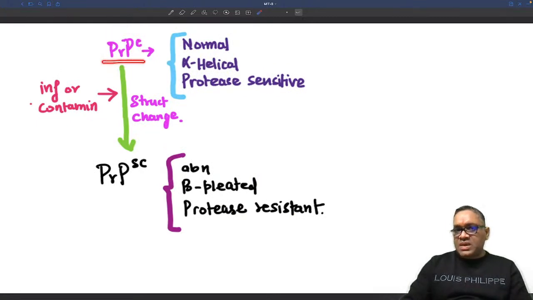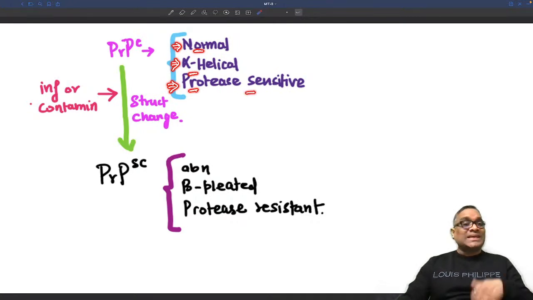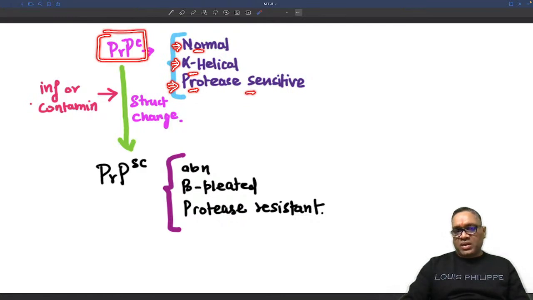See, PrPC, when you see this C, remember, this is the normal prion protein, alpha helical, and protease sensitive, which means protease can digest it. That is why I said this is the normal prion protein. But after infection or consumption of contaminated products, there will be a structural change in the prion protein.